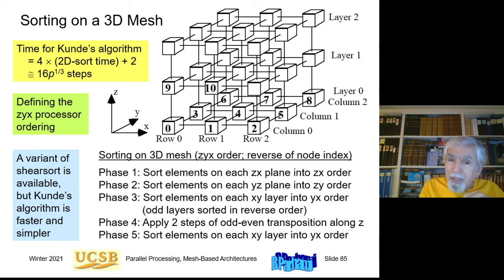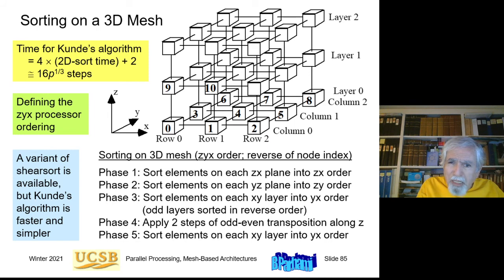Well, it turns out that on 3D meshes, we can devise an algorithm similar to shear sort, which is also optimal. And that's a surprise, because one would think that sorting on a 3D mesh would be more difficult than on a 2D mesh. This is an algorithm that does that. It has 5 phases, so there's no iteration involved.